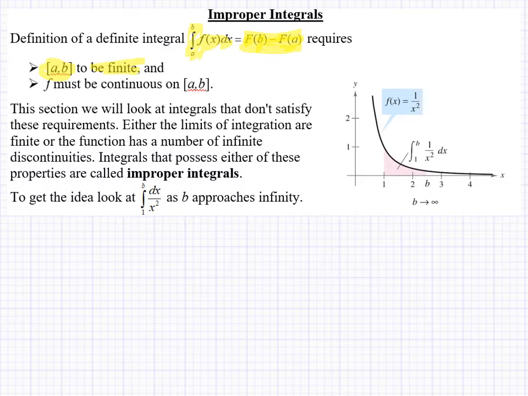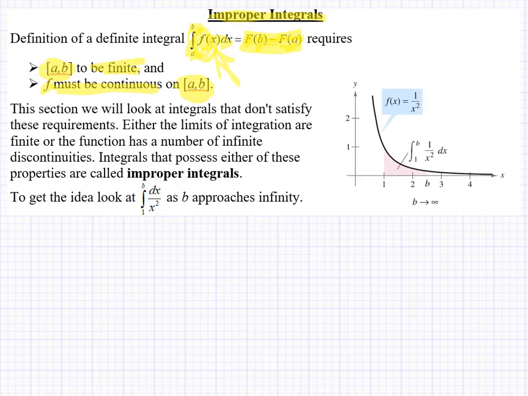The second requirement is that the function f here in the integral, lowercase f, must be continuous on the entire interval from a to b. And so if one of these two things does not happen, that would cause an integral to be improper, but would also force us to not be able to use the fundamental theorem of calculus.